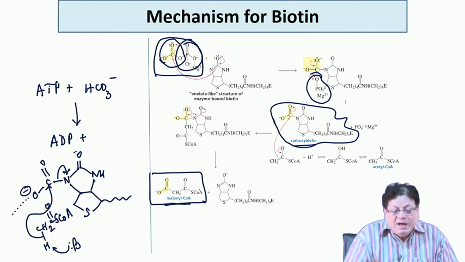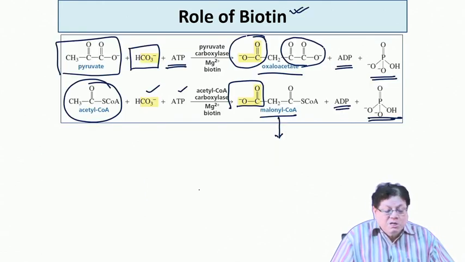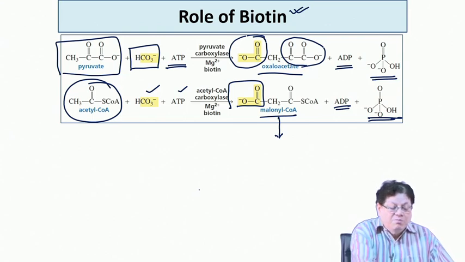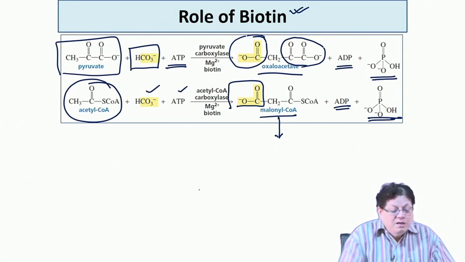A very similar reaction will be there for formation of oxaloacetate from pyruvate. I think you will be able to draw that. Okay. If you want me to draw, it is the same mechanism.